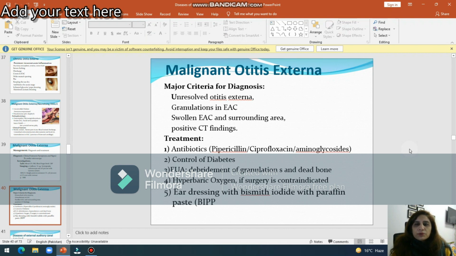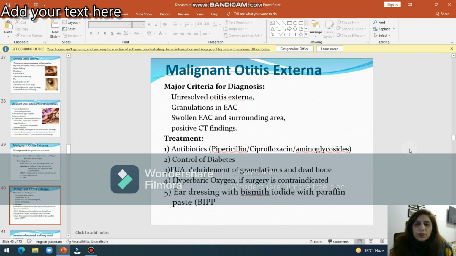Treatment depends on diagnosis, and as it is an infection, we will treat the underlying cause. If the patient is on immunosuppressive anti-cancer therapy, we will stop that treatment, and if the patient is diabetic, we will control the diabetes, as it is an infection caused by Pseudomonas and Staph aureus.